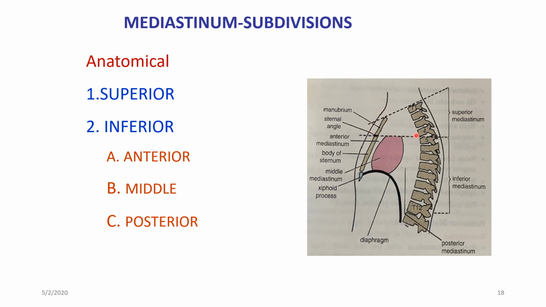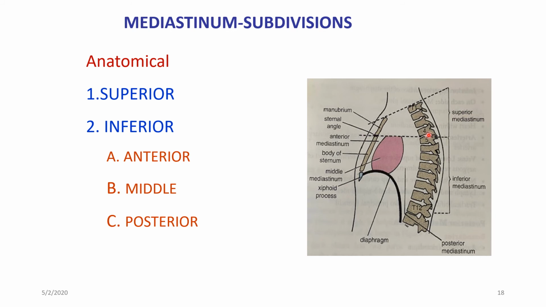This is the superior mediastinum, which is bounded anteriorly by the posterior surface of the manubrium, posteriorly by the T1 to T4 vertebral bodies, above by the thoracic inlet and below by the transverse thoracic plane, or the one going from the sternal angle to the junction of T4, T5 vertebra.